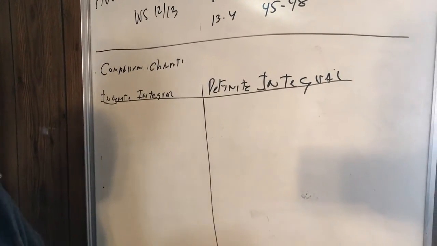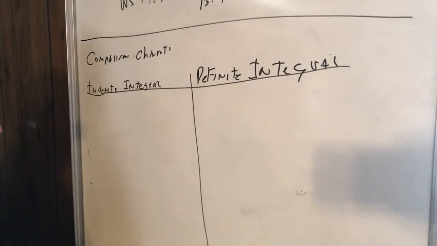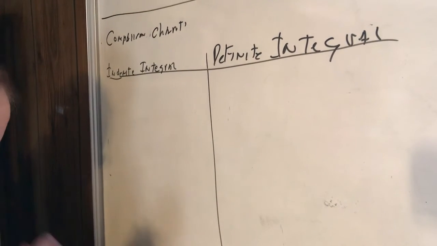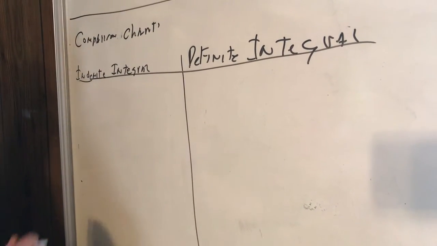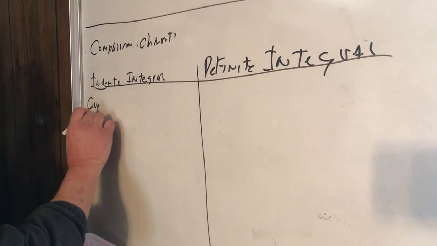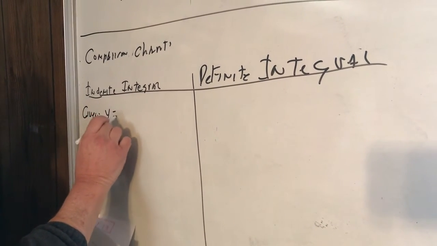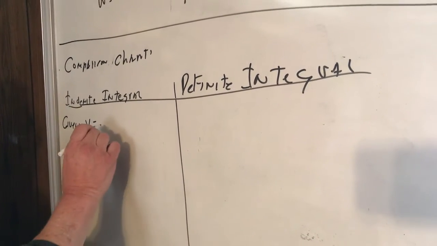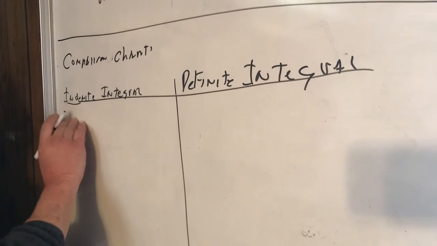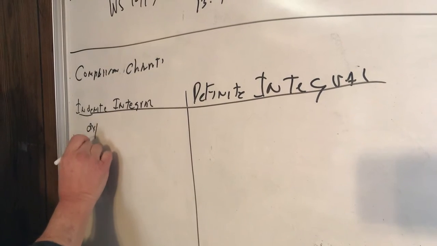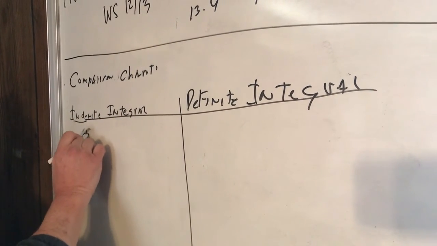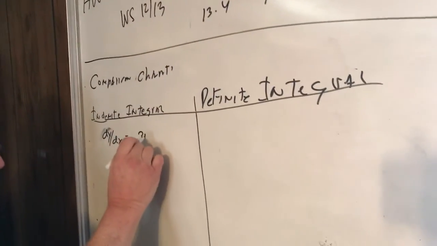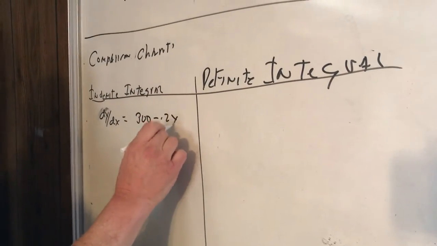Okay. So I'm going to take the same example here. I'm going to be given, in this case, y equals 300x. No, I'm sorry, I'm given dy/dx equals 300 minus 0.2x.